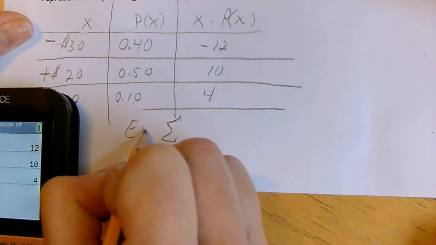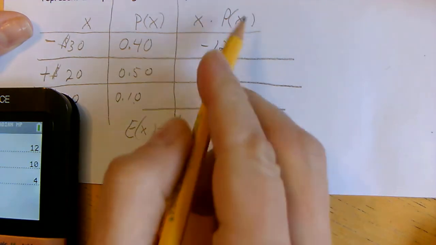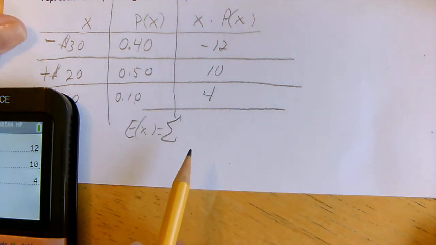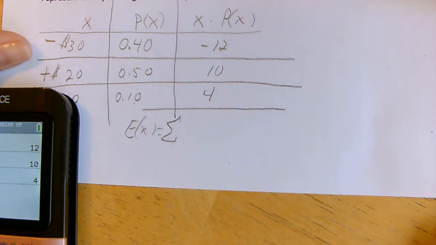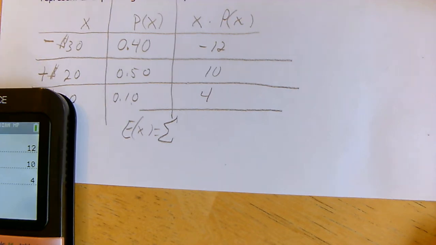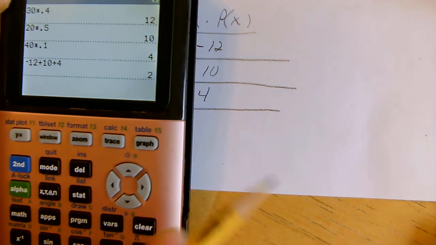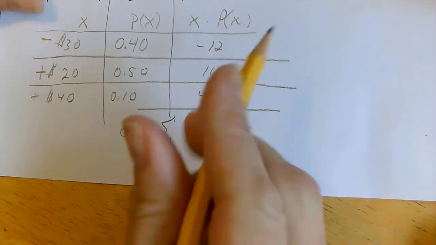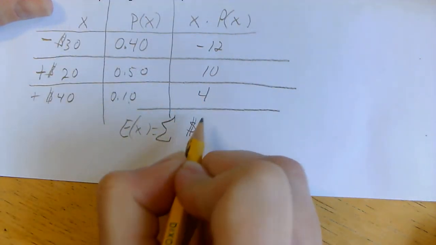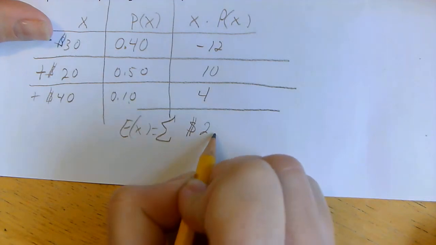The expected value, which is the same thing as the mean, is the sum of this column: negative 12 plus 10 plus 4 is a positive 2. So an expected value of a $2 million profit or gain.